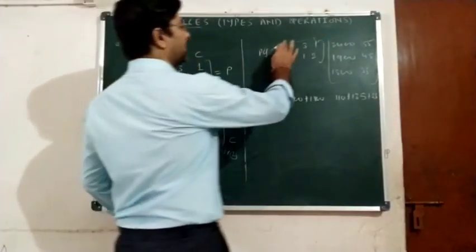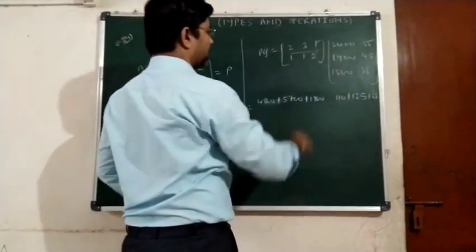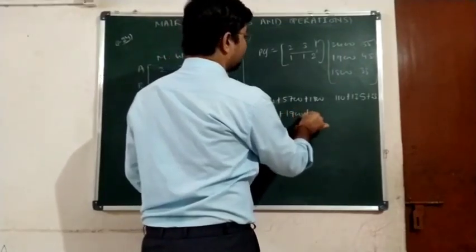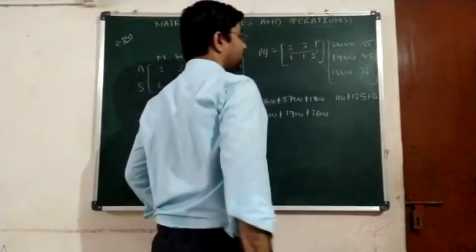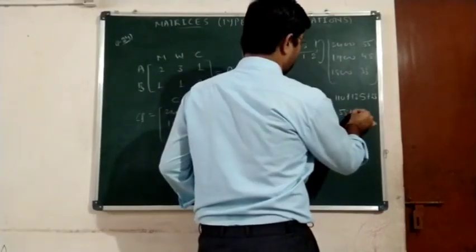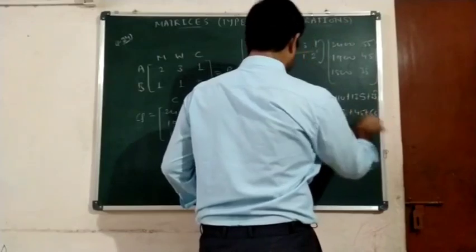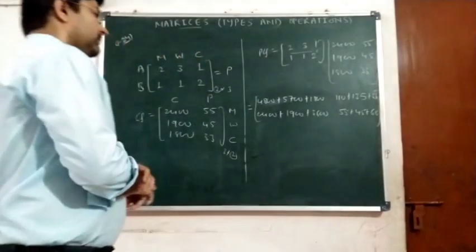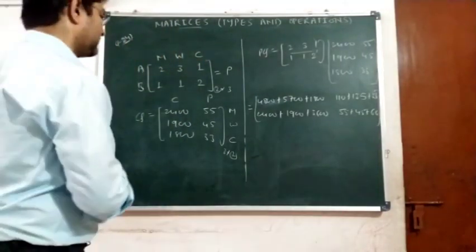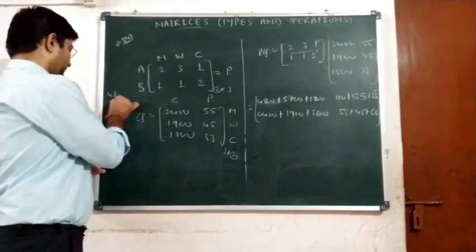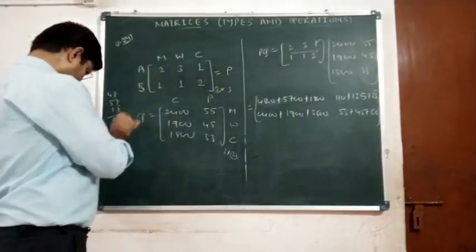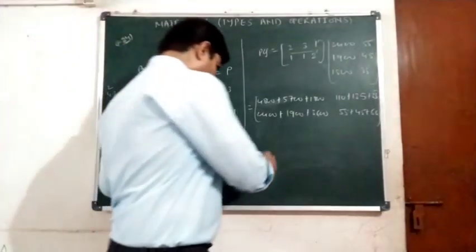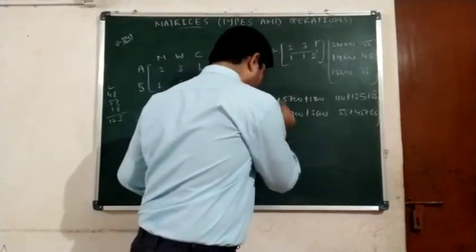Now second row we will multiply with the two columns one by one. So 2400 plus 1900 plus 3600, and 55 plus 45 plus 66. Okay, so let us add now 48 plus 57 plus 18. 48, 57 and 18 gives 12300. Clear?